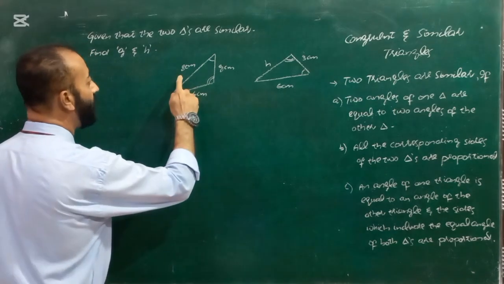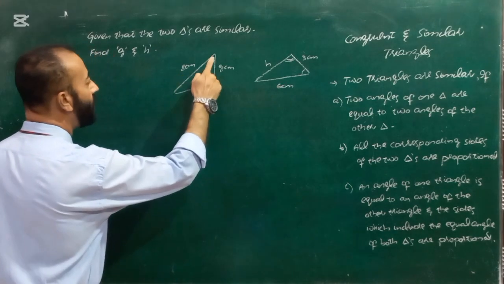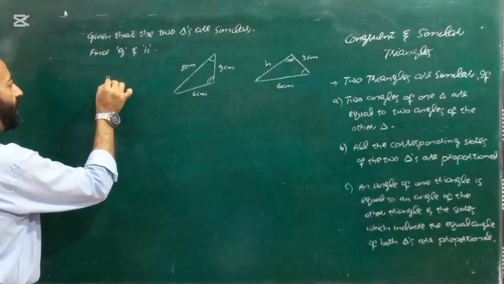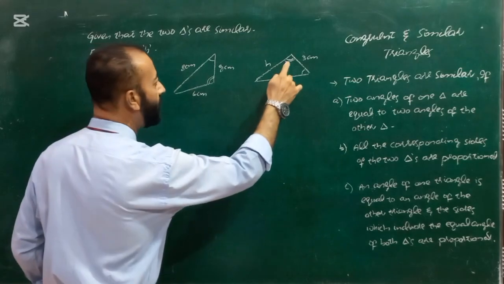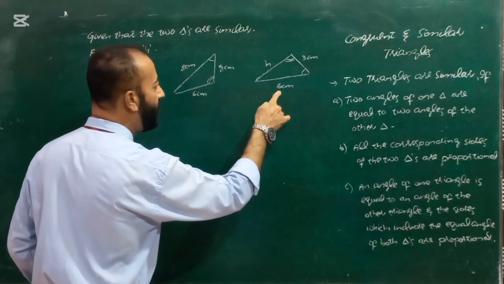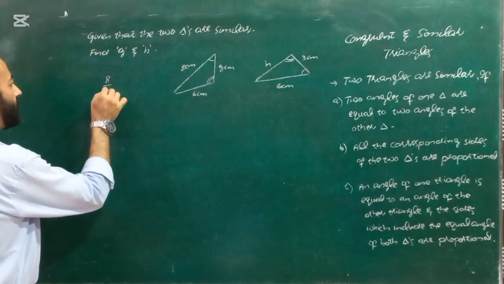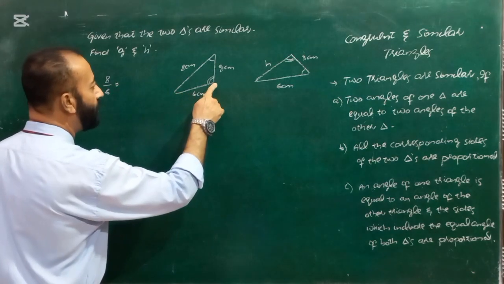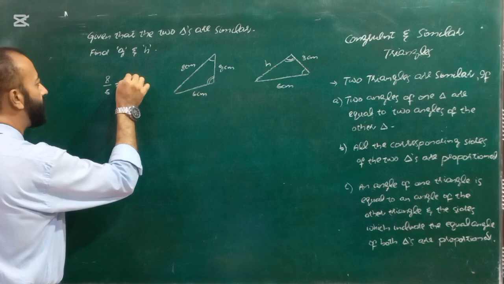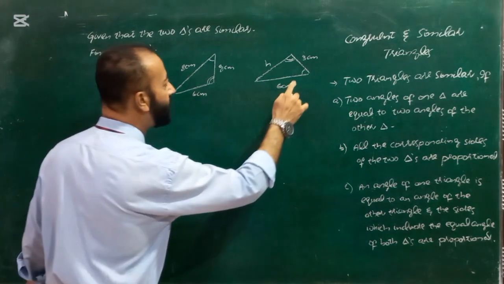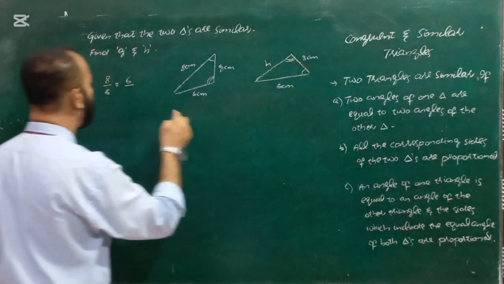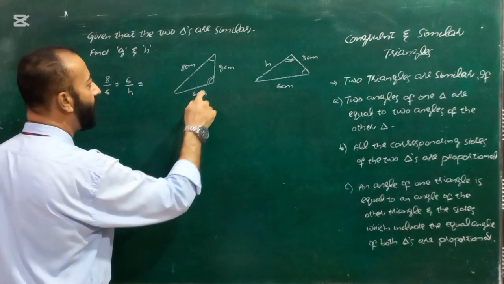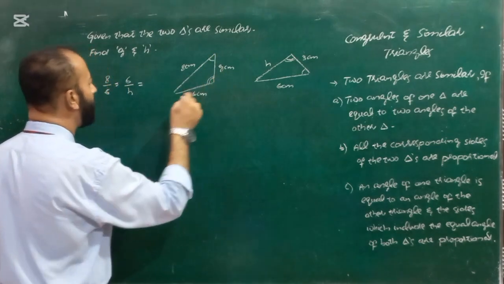So from single angle to blank side, 8 over 6. Again in this triangle, from double to blank, that is H. Again in this triangle, from single to double, that is G.